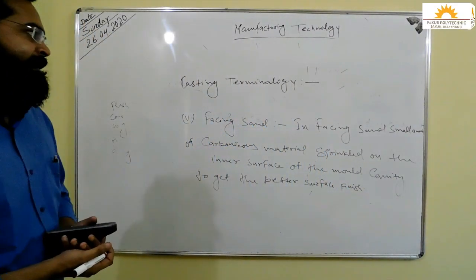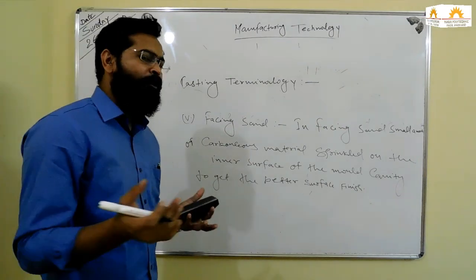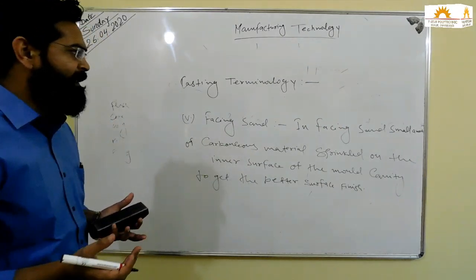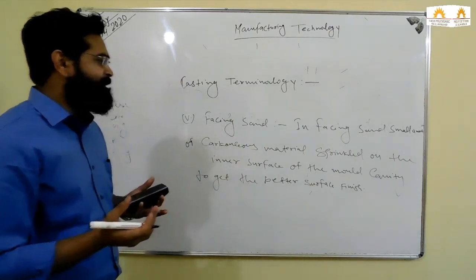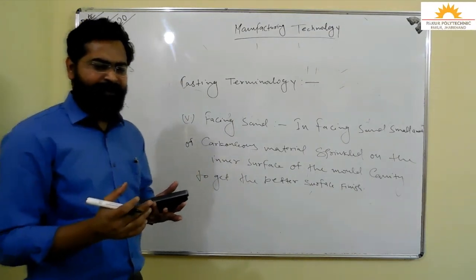So that is what facing sand is: a small amount of carbonaceous material sprinkled on the inner surface of the mold cavity to get a better surface finish.